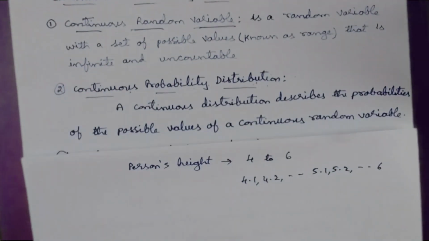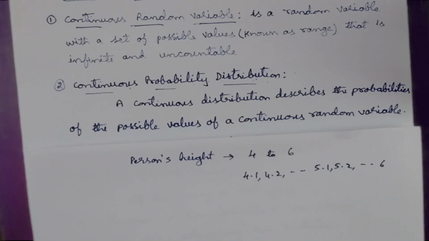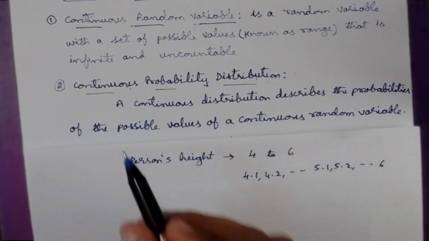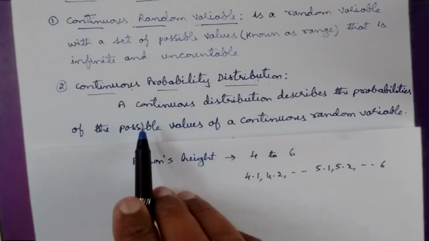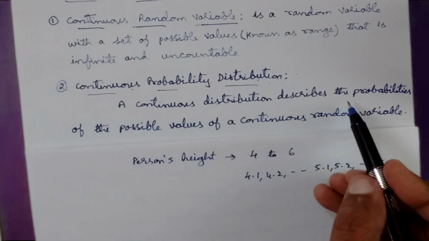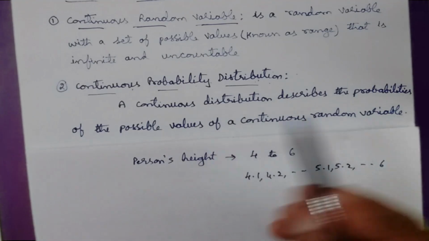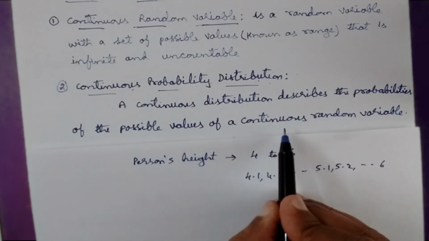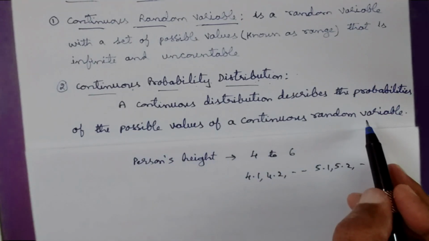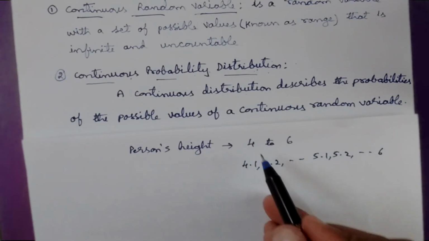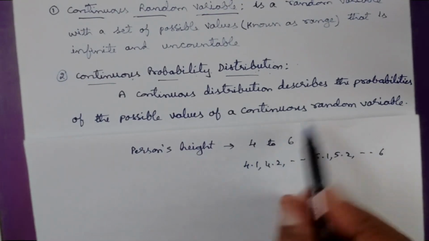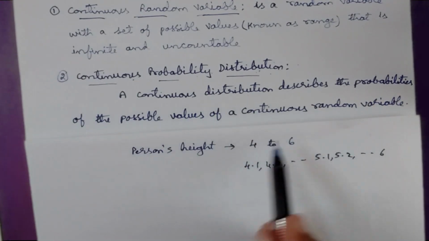The continuous probability distribution, I have just written the definition so that you can just make a note of these definitions. A continuous distribution describes the probabilities of the possible values of a continuous random variable. So we are trying to calculate the probability of the continuous random variable.